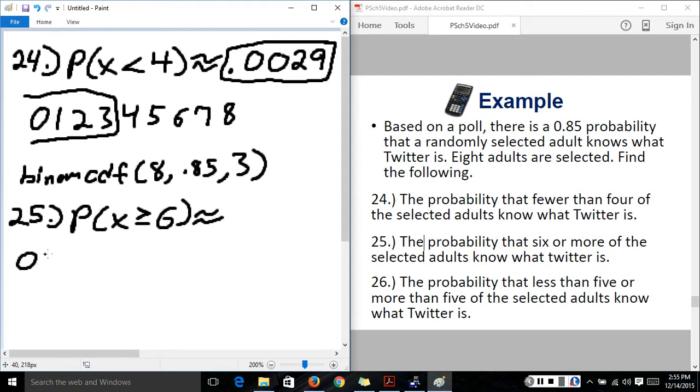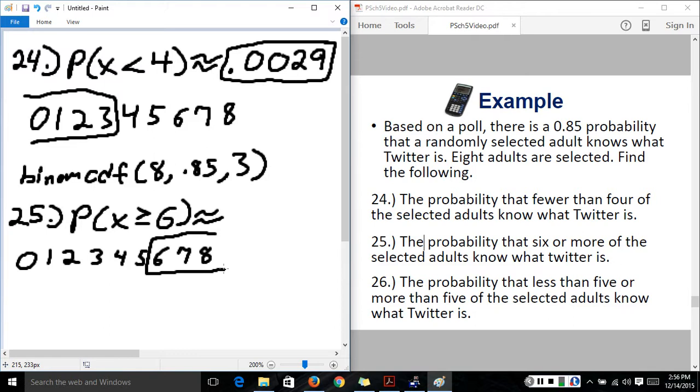Well, let's think about the numbers of successes I'm interested in. And there is no shame in listing out your numbers of successes to get a good idea visually what you're interested in. Well, I need everything bigger than or equal to 6, so that would be all of these.